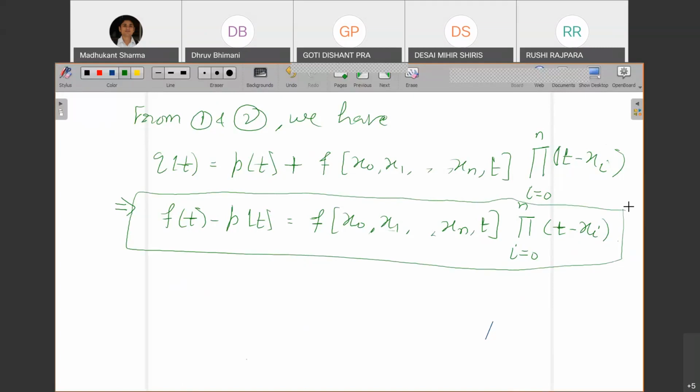Now further, can we relate these divided differences to derivatives, since we are supposed to now estimate the derivative of f? Because we have left out that error in linear interpolation, or quadratic interpolation, or the nth degree interpolating polynomial.